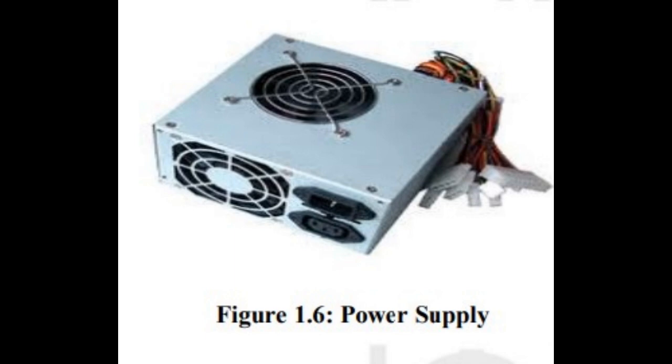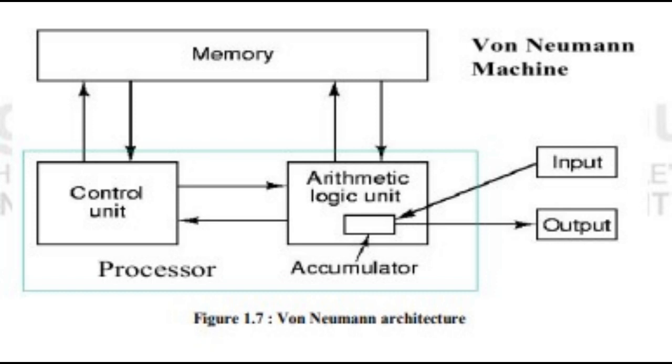1.4.4 Von Neumann Architecture. Mathematician John von Neumann conceived a computer architecture which forms the core of nearly every computer system in use today. This architecture is known as von Neumann architecture. It is a design model for modern computers which has a central processing unit, CPU, and the concept of memory used for storing both data and instructions.